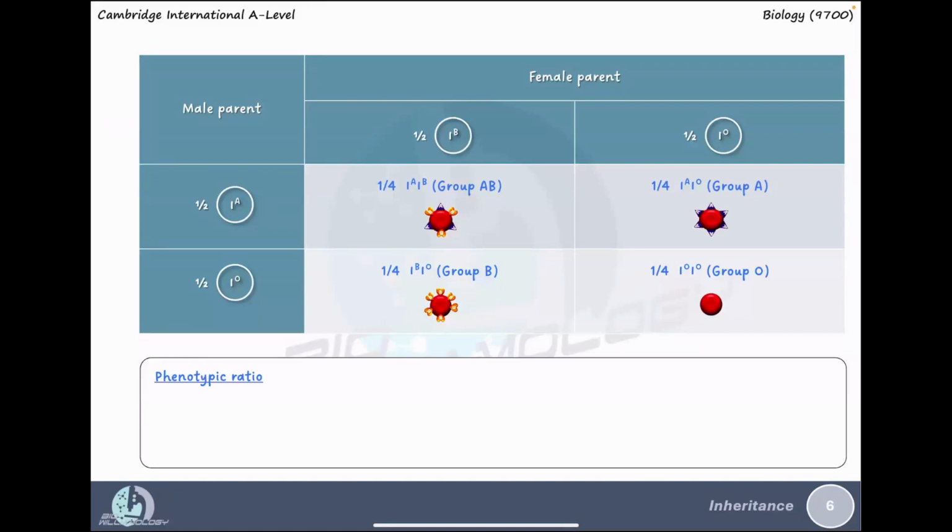Again, we won't be able to get 3:1 in this case because this is not the normal type of monohybrid cross that involves only a dominant allele and a recessive allele. Here we involve multiple alleles. So the phenotypic ratio of blood group AB, A, B, and O will be 1 to 1 to 1 to 1 based on the probability.